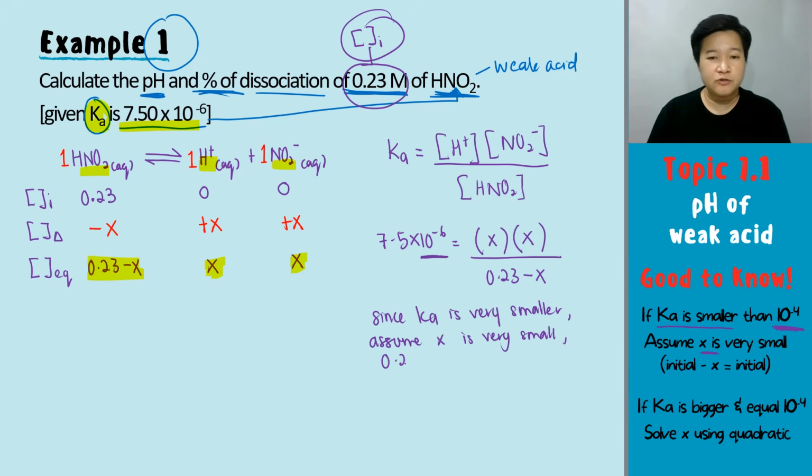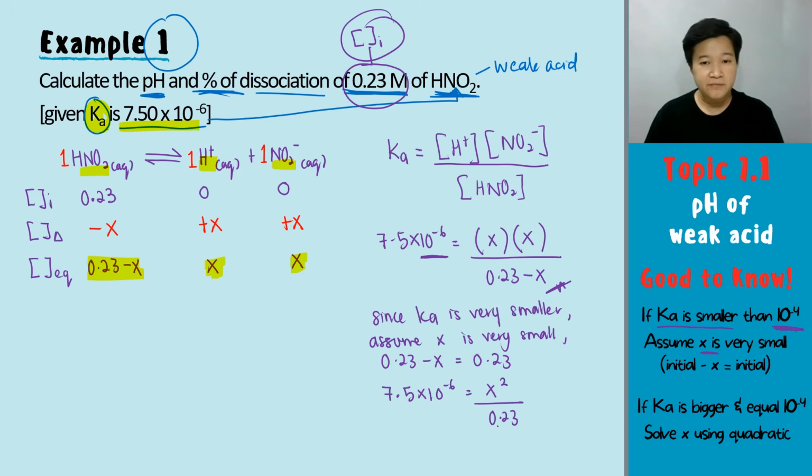Therefore, 0.23 minus X will then equal 0.23 over here. See that? So, it will then make your mathematics much easier. You will have 7.5 times 10 to the power of negative 6 equals X squared over 0.23. Okay? And from that, you can calculate your X value.